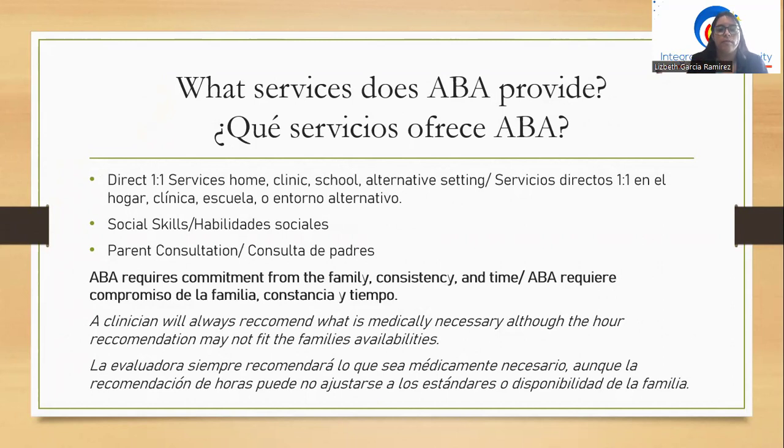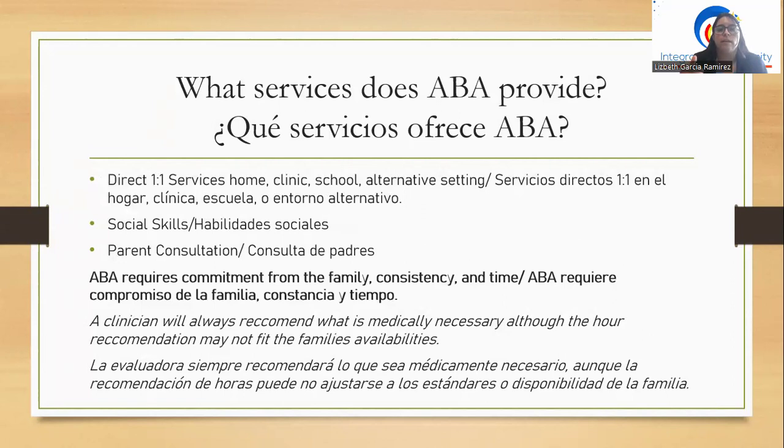Now, with ABA, the main one is typically direct one-on-one services, meaning you have a team that works directly one-on-one with your child, right? These services could be done in the home, in the school setting, in the clinic, or in any community setting where they need support. Another type of service we have available, depending on the agency, is parent consultation services.